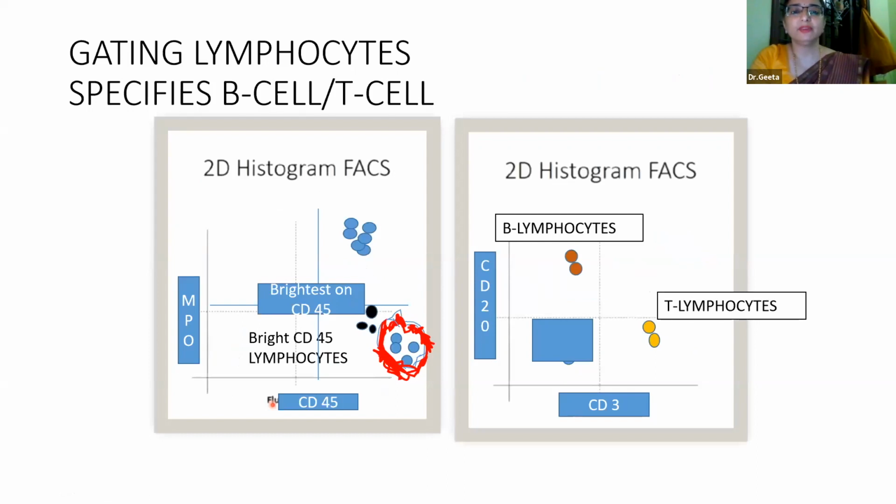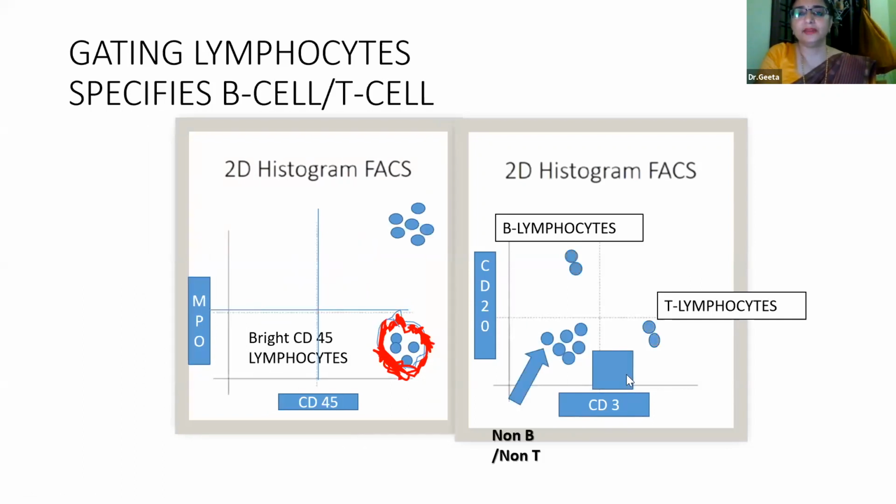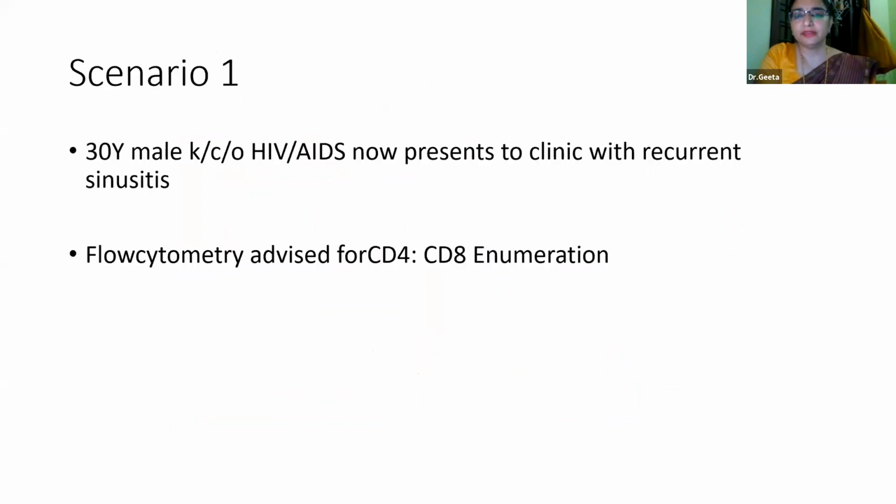Similarly, if I gate the lymphocytes here and then apply CD20 and CD3, I will see this population separate into two different types of cells, and I'm not seeing these MPO positive neutrophils anymore. They are hidden here because I have not selected them. They were very much here, but they were hidden.